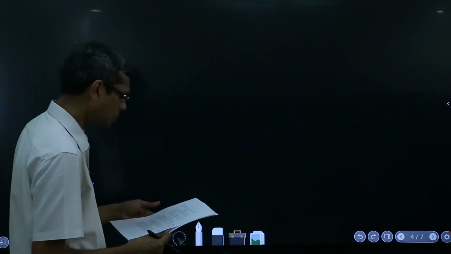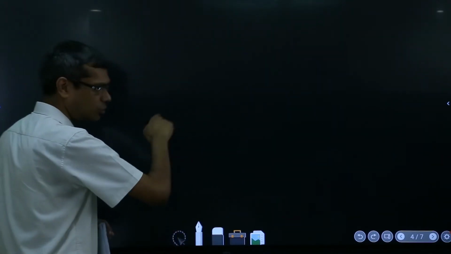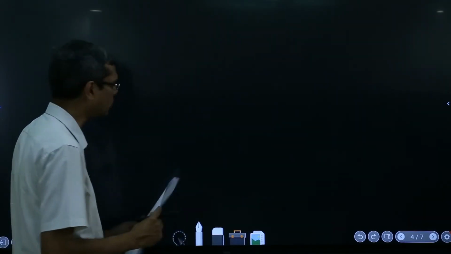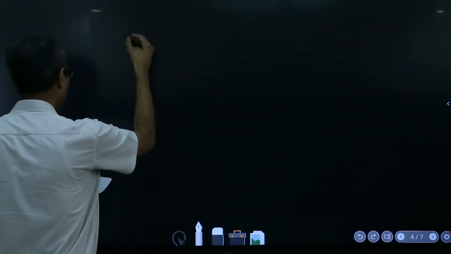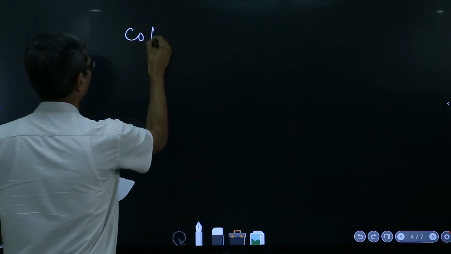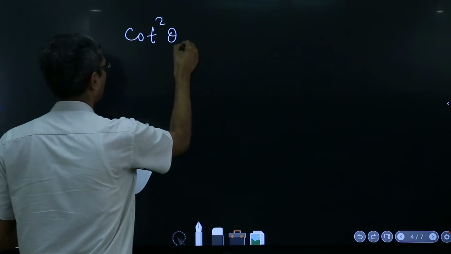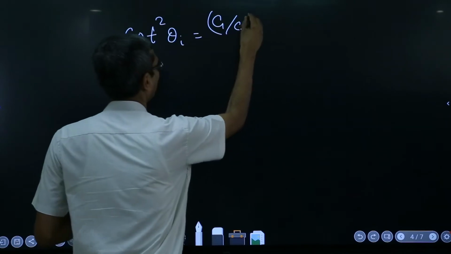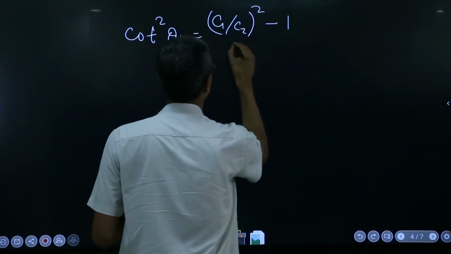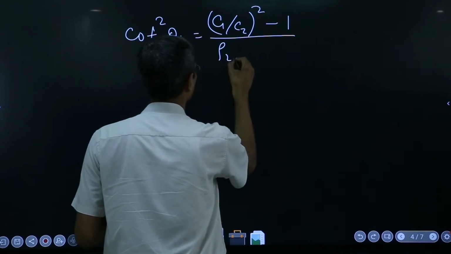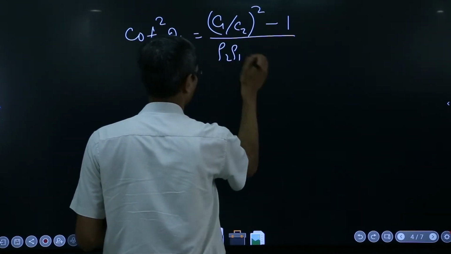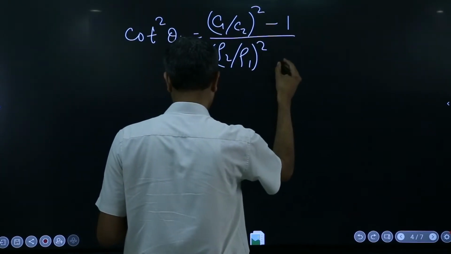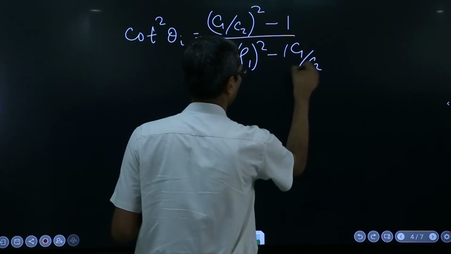So if you do that equality of those two parameters so that alpha r becomes 0, you will get to the equation where cotangent squared of theta I is equal to (c1 over c2) squared minus (rho 2 over rho 1) squared, over (rho 2 over rho 1) squared minus (c1 over c2) squared.